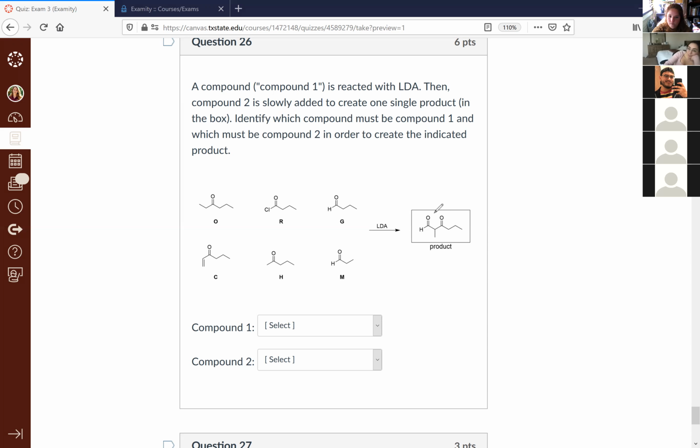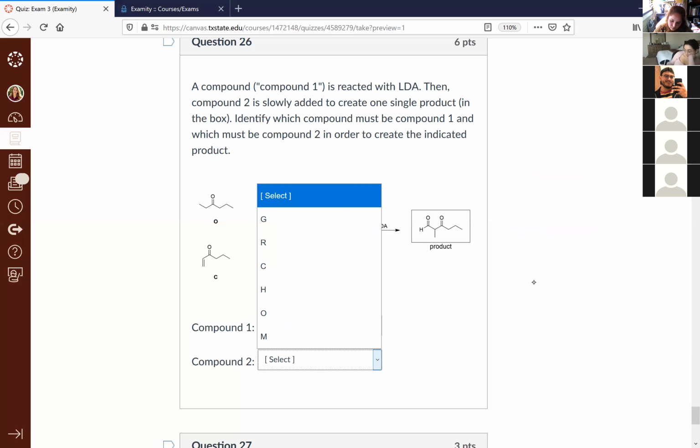No, it can't. So if you have an aldehyde plus a ketone, or any combination of aldehyde and aldehyde, or ketone and ketone, you have 2 options. You could end up with a beta hydroxy carbonyl, or you could end up with an alpha beta unsaturated carbonyl. Those are your 2 options, and that's not what we ended up with. So for compound 2, that actually narrows it down really quickly.